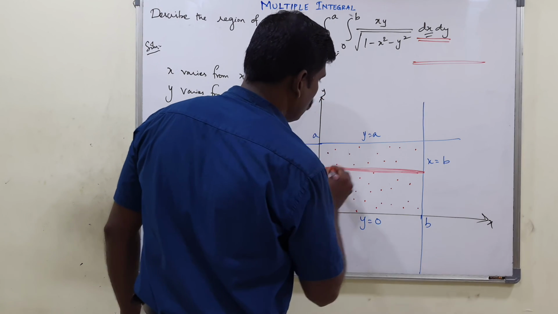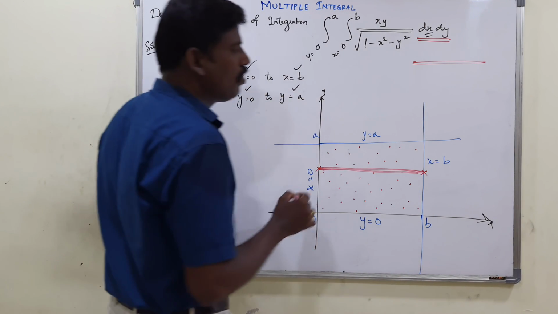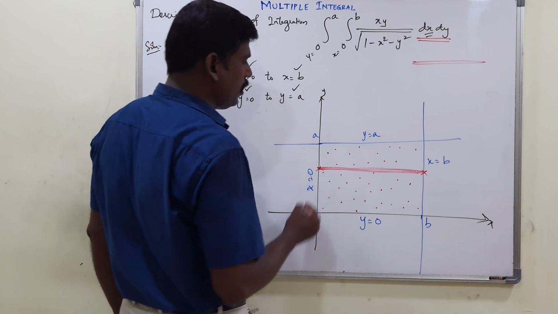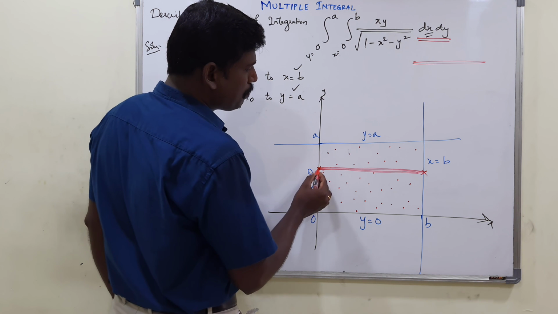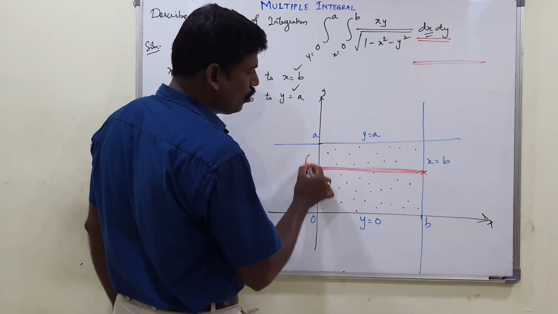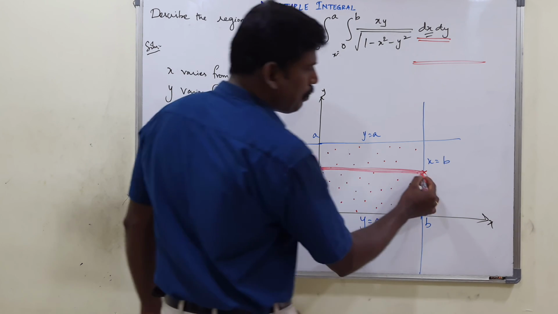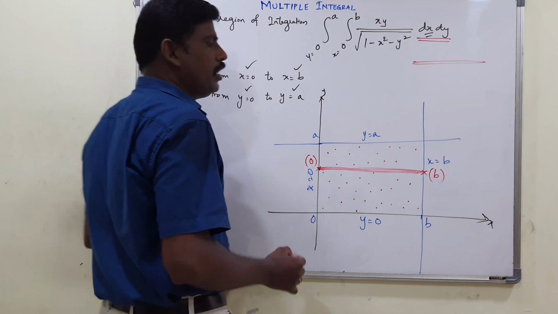Here in the horizontal strip we are calculating the value of x at both ends of the strip. What is the value of x at this end? This point always lies on the y axis, so the value of x is 0. This point always lies on x equal to b, therefore the value of x at the end point is b.